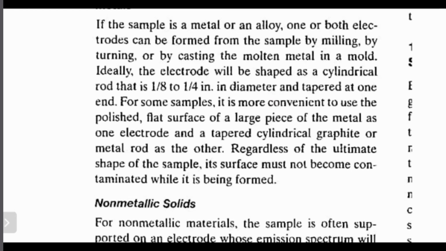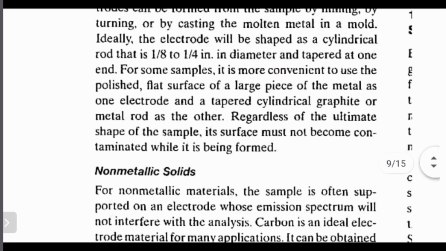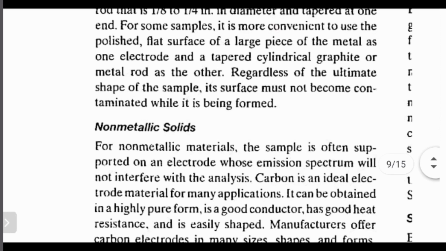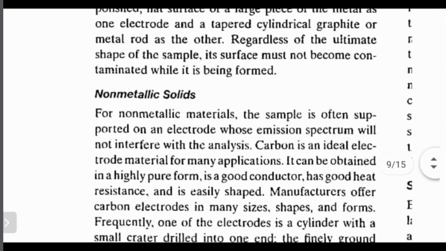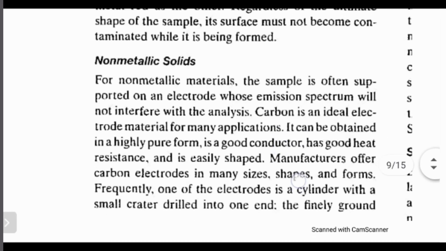Suppose contamination happens, then in the analysis we do next we will obviously get an error. So for elimination of that error we have to make sure that there is no contamination during the preparation of the sample. So this is the sample preparation for metallic elements.